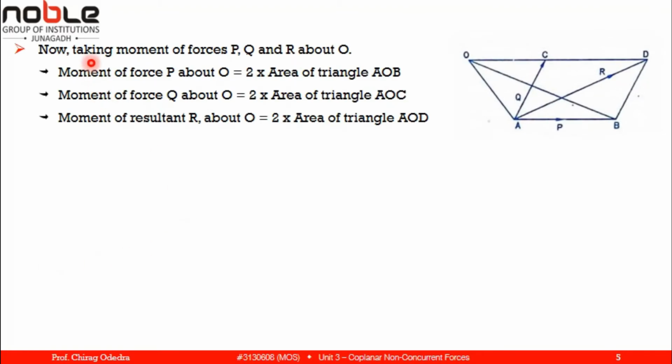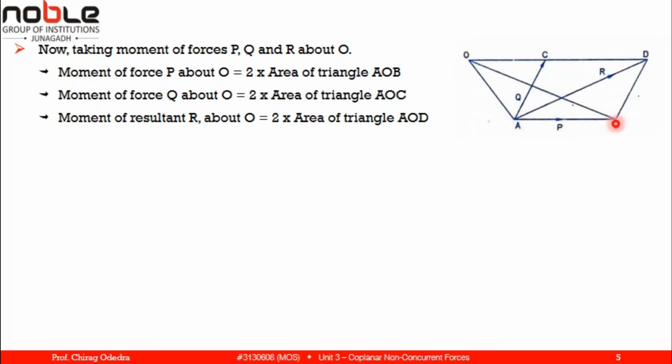Now taking moments of forces P, Q and R about O: first, the moment of force P about point O is equal to 2 into the area of triangle AOB.